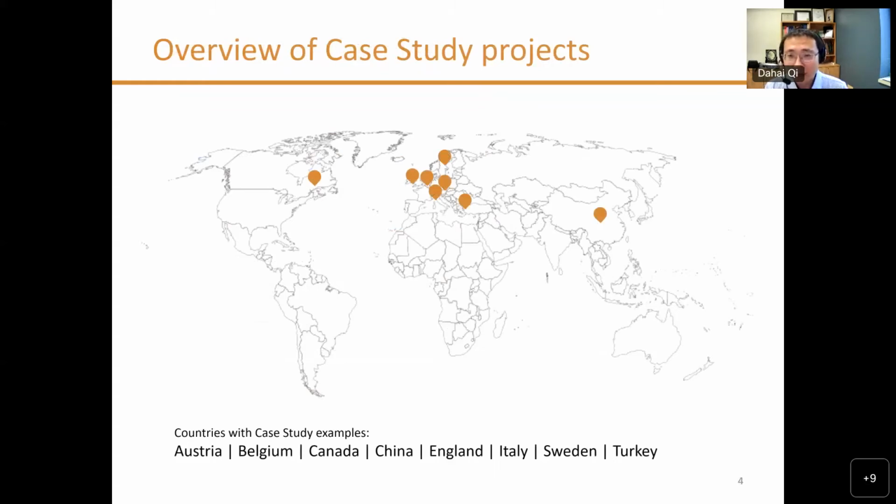Our colleagues in subtask C contribute various field studies and evaluate their technology. So the countries in the subtask C examples, there are 8 countries: Austria, Belgium, Canada, China, England, Italy, Sweden, and Turkey.